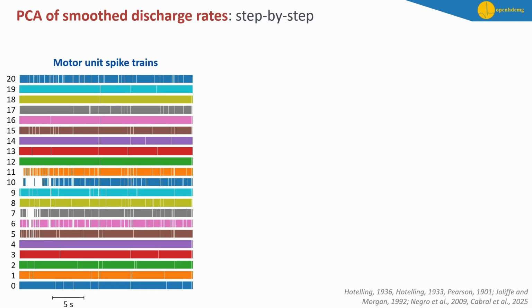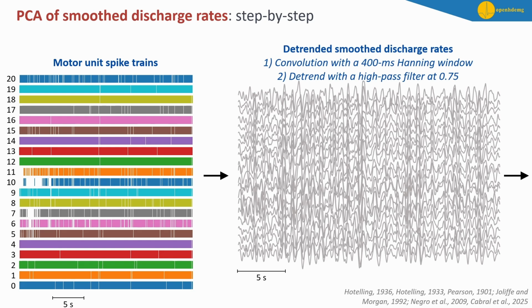Now, I will go to the next time domain estimation that I will cover in my talk, that Francesco also covered at the beginning, talking about data dimensionality reduction techniques. In the library right now, we have implemented principal component analysis, okay? In this part, the beginning is exactly the same: from the binary spike trains, we do the convolution with a Hanning window, we detrend it, and we obtain the trains of smooth discharge rates.